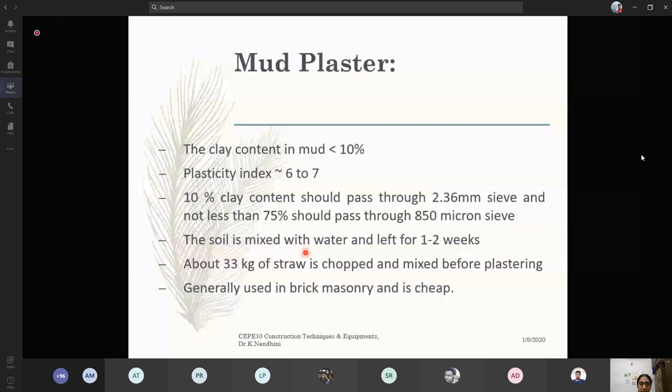About 33 kg of straw is chopped and mixed before plastering. It is generally used in brick masonry, and it is cheap. Mud plastering was done previously by our ancestors, our grandparents, who lived in mud houses. At that time, mud plastering was done.